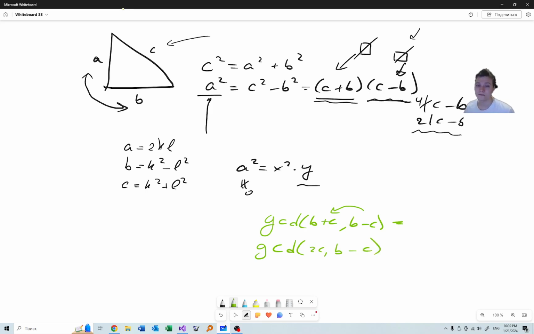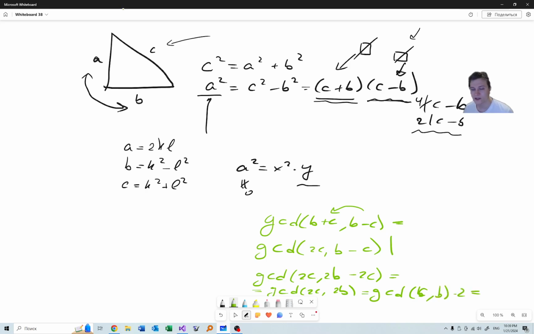This number divides the GCD of 2c and 2b minus 2c, which is simply GCD of 2c and 2b, which is GCD of c and b times 2, which is simply 2 because these numbers are relatively prime.